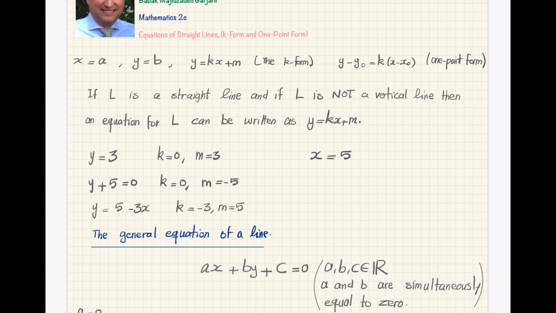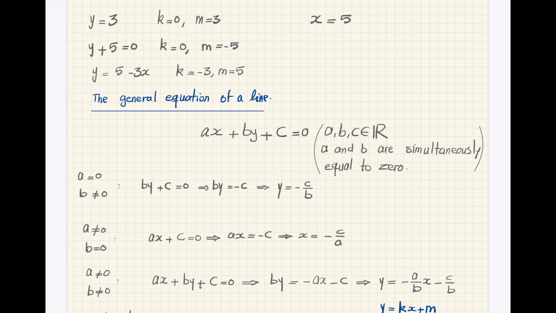And if you remember, when I wanted to find this formula, I was assuming that this line is inclined. If you go and see the proof again, you will see that it was based on this assumption that the line is an inclined line.